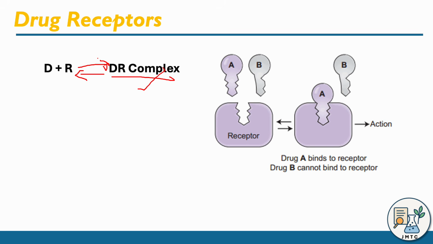And this drug receptor complex, itong formation na to is due to affinity and because of chemical bonds. So, it may be electrostatic, hydrogen, or your van der Waals forces. The successful binding of a drug requires an exact fit of the ligand atoms with the complementary receptor atoms.